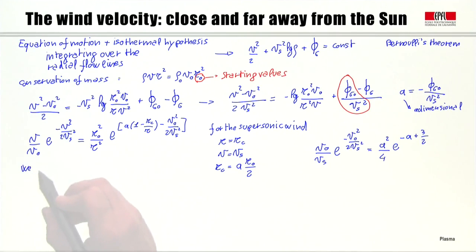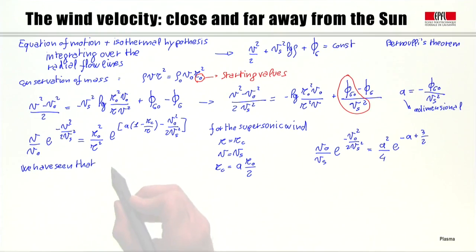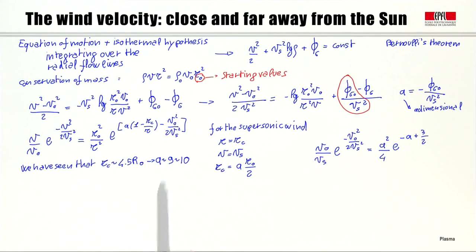We have seen that the critical radius rc is approximately 4.5 times the solar radius. This results in a parameter A, which is of the order of 10. If we now look for a solution where A is of the order of 10 in this formula, this in turn implies that the initial solar wind velocity divided by the sound speed is much smaller than 1.